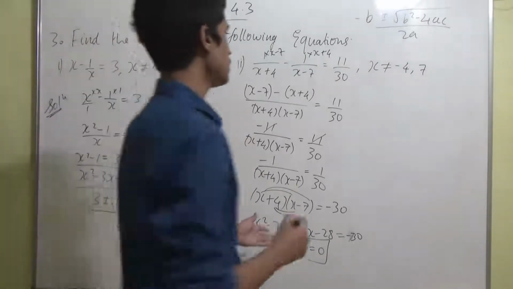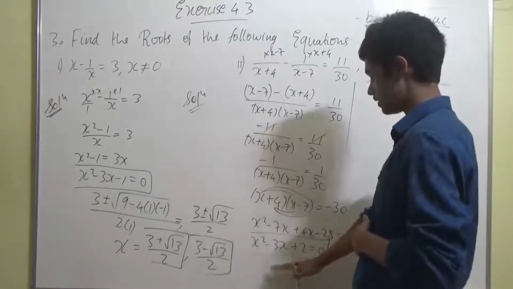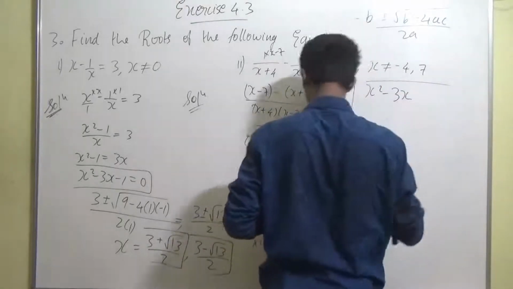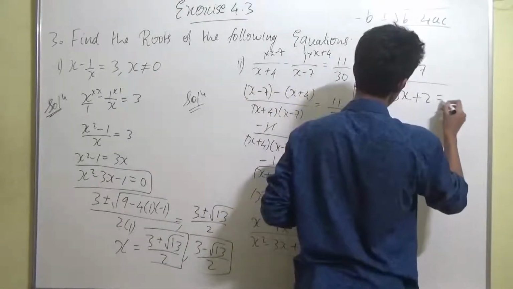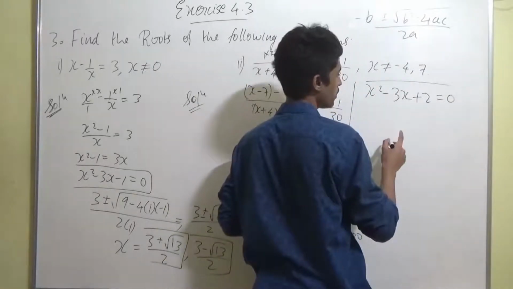Now we will use the quadratic formula to get the solution of this equation. I'll write this equation here once again: x square minus 3x plus 2 equal to 0. The solution is minus b plus or minus root of b square minus 4ac by 2a.